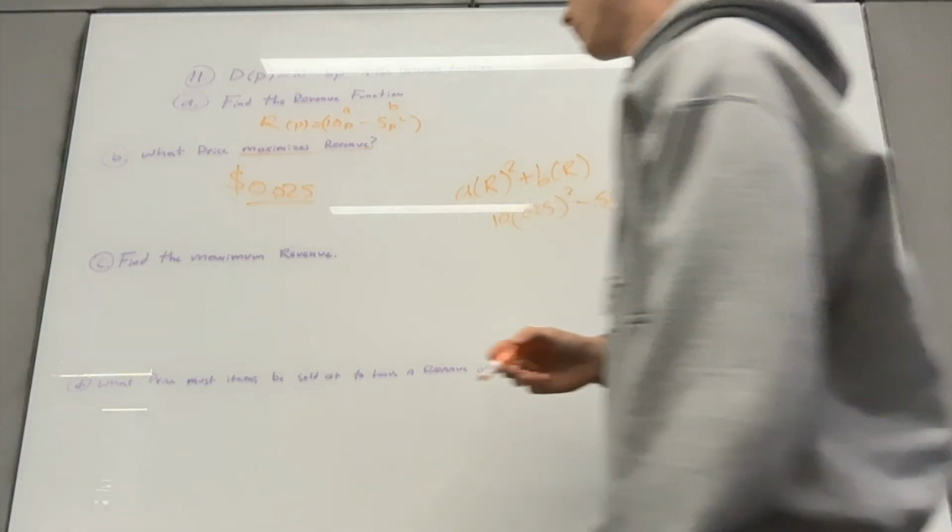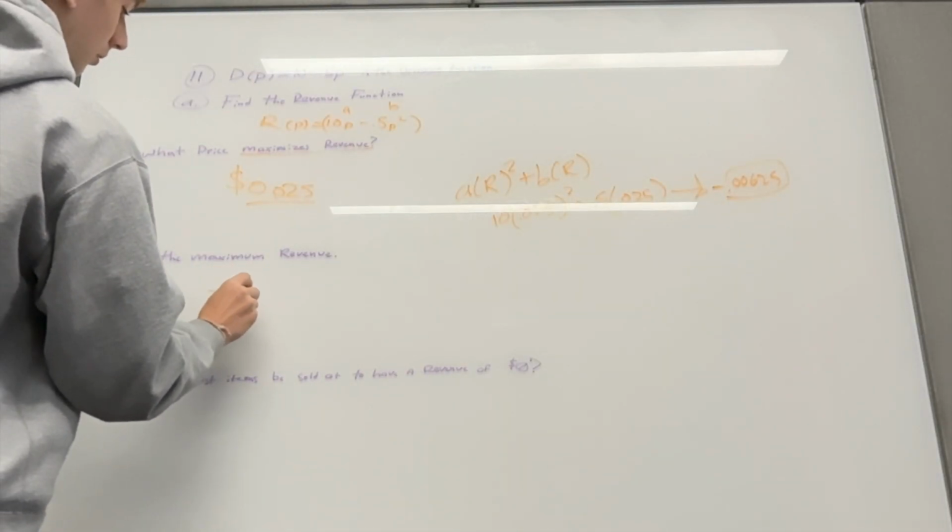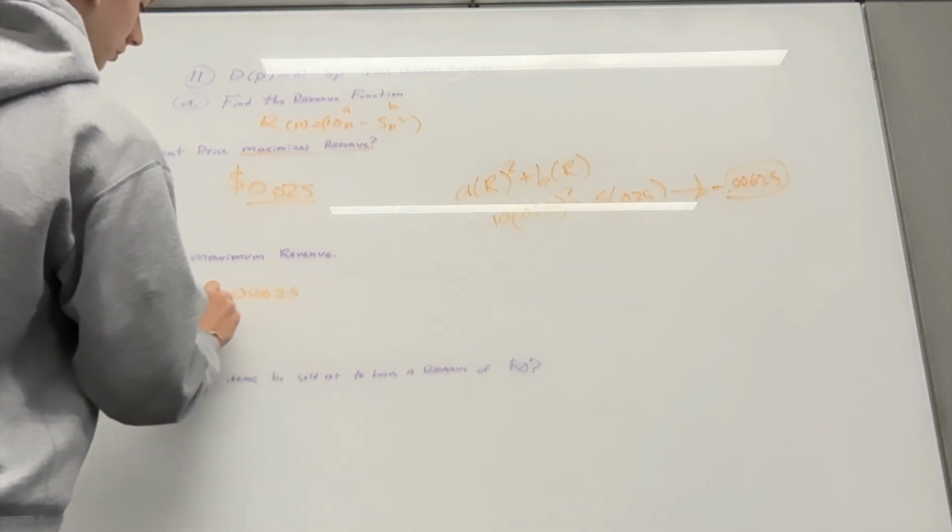That's my answer for that. So the maximum revenue is negative 0.00625.